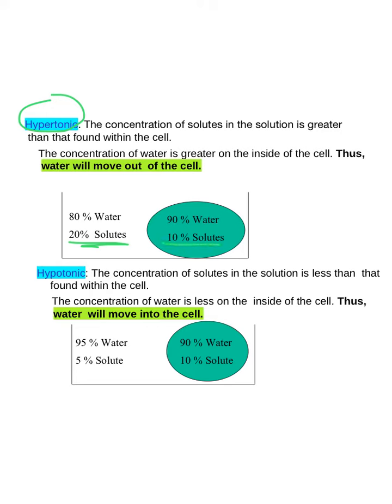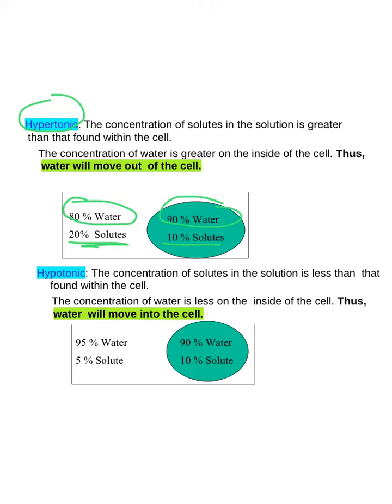In this case, I've got 20% solutes on the outside in the solution, 10% solutes on the inside in the cell. Again, you don't know if those solutes can move across the membrane, but you do know that water can. So you flip it. If you've got 20% solutes, you have 80% water outside the cell. If you have 10% solutes in the cell, you have 90% water inside the cell.